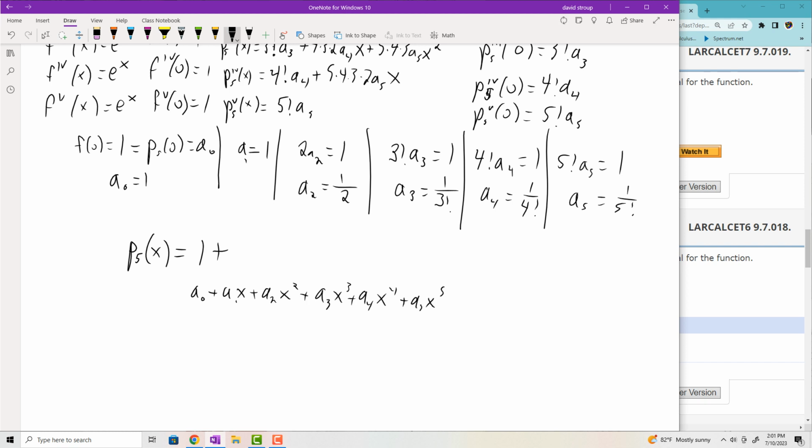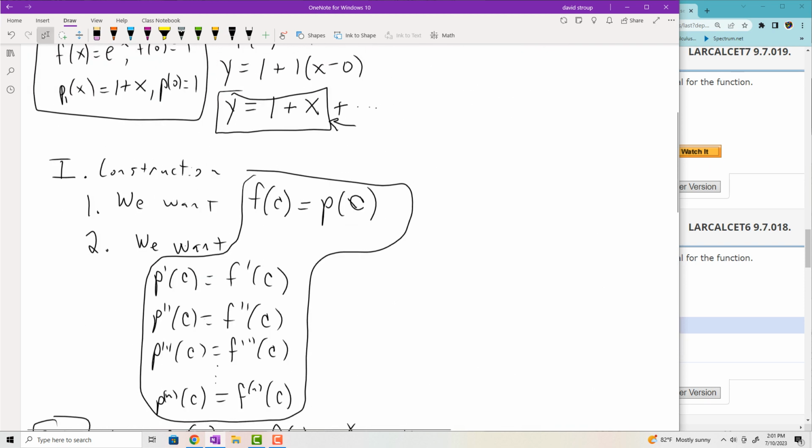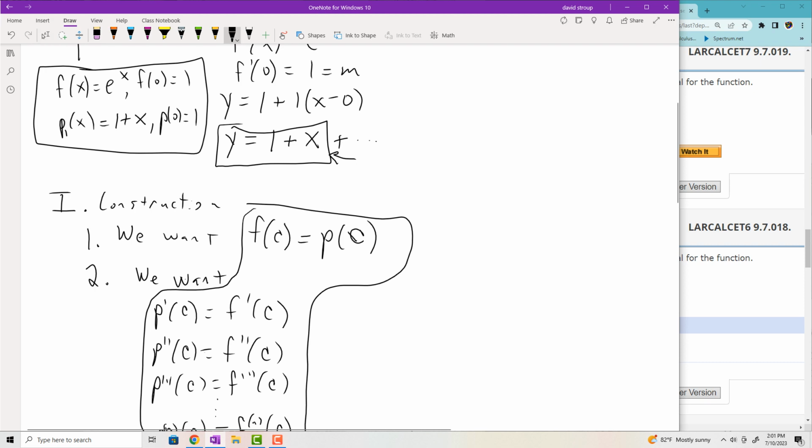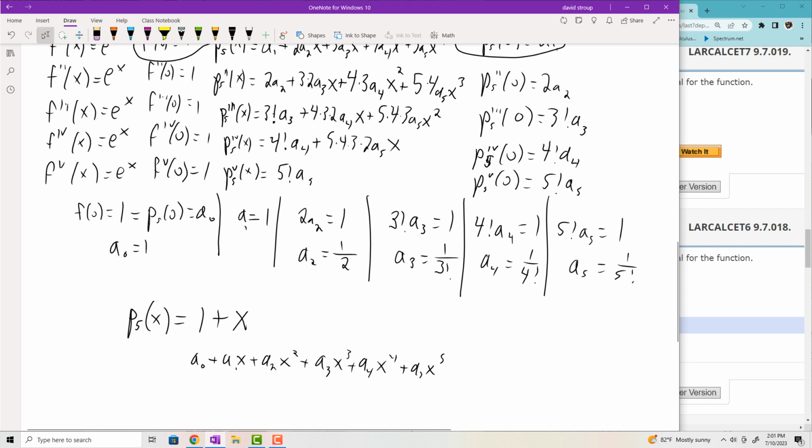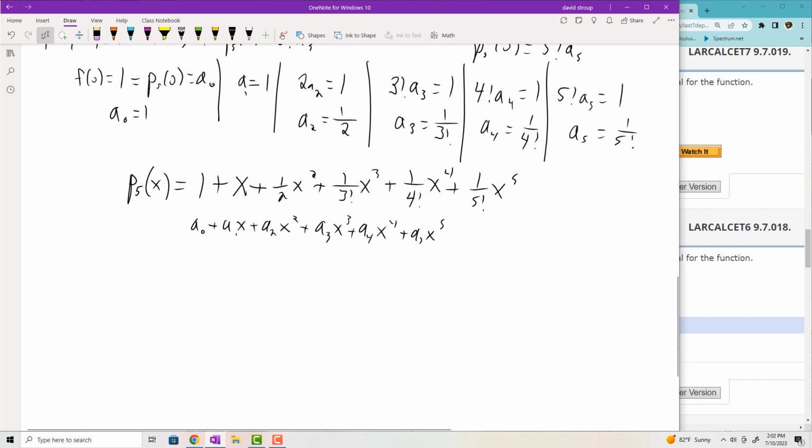A sub 1 is 1, so I just get 1x, which is x. Note that that is what we originally got with this recollection example. And then we amp it up. So a sub 2 is 1/2, a sub 3 is 1 over 3 factorial, a sub 4 is 1 over 4 factorial, a sub 5 is 1 over 5 factorial. And there it is, in all of its glory.